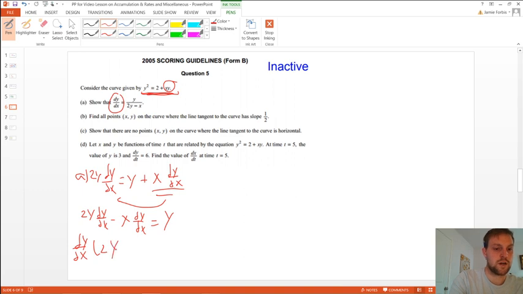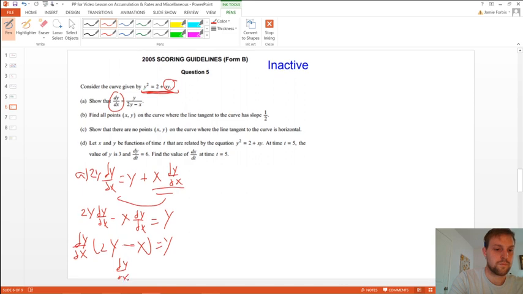I'm left with 2y minus x equals y. And then finally, divide by the quantity 2y minus x to get dy over dx by itself. And there you have it. We have our answer from those ones to show. That whole process, those 3 or 4 lines there, is our answer.